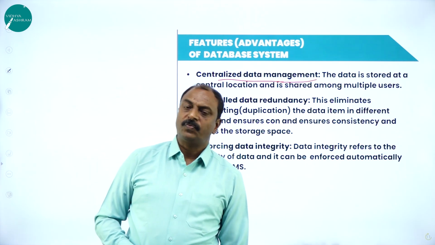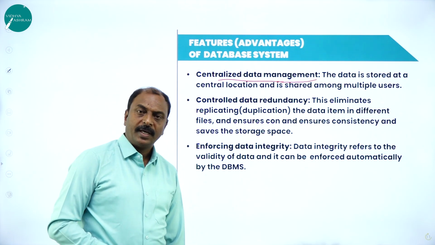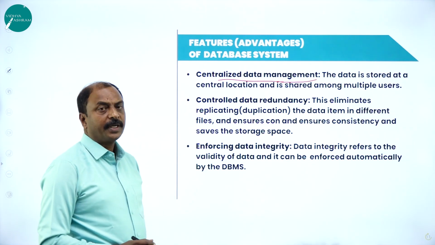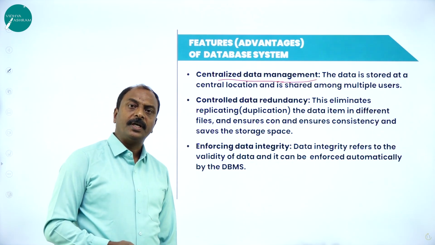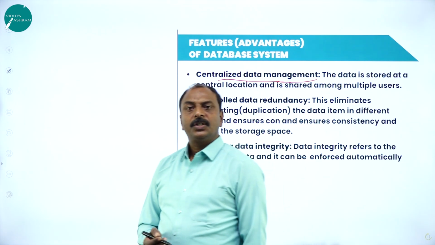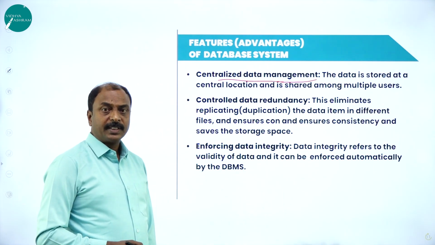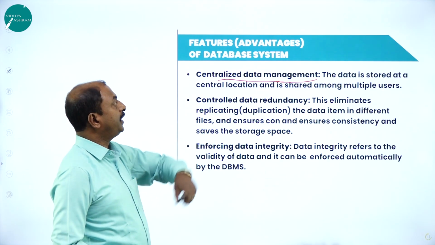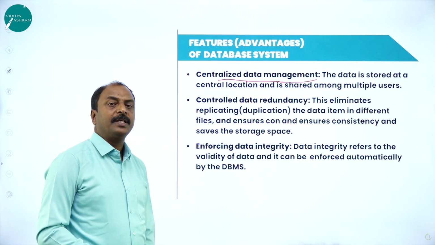A very good example is a shopping mall. All the data of the mall are stored in one place in a database, and all the users use this database simultaneously. That is a very good example of a centrally maintained data management system.